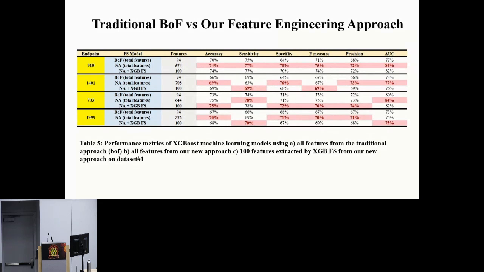For instance, instead of getting 77% for endpoint 910, we can gain 84% using our novel feature engineering approach. Instead of getting 73% for the 1401 endpoint, we can gain 77% using our approach.